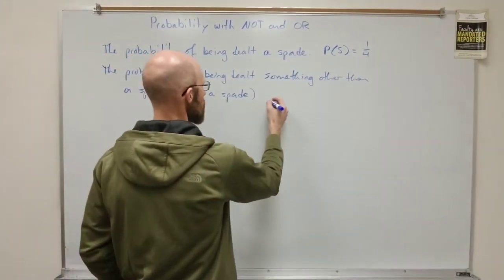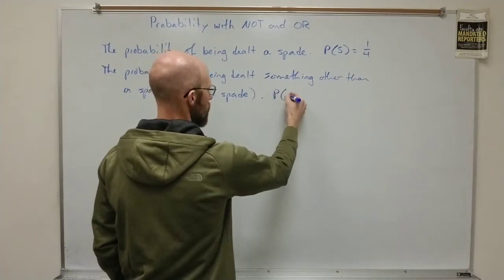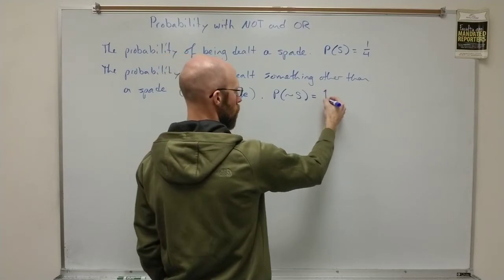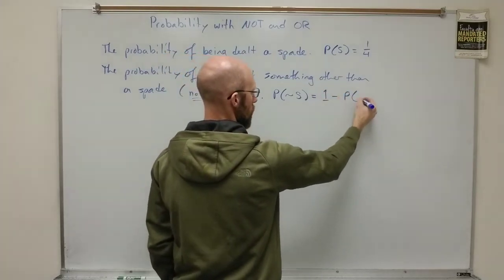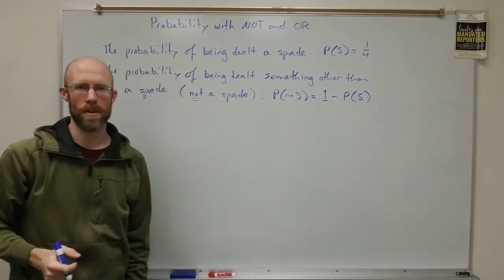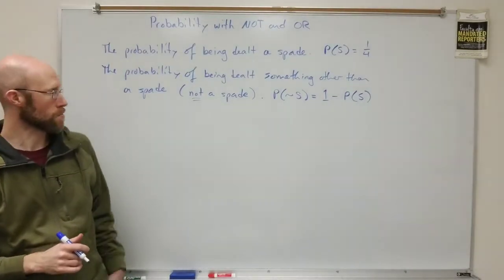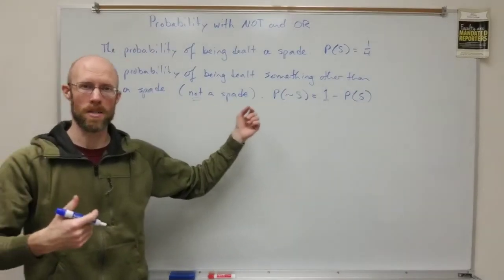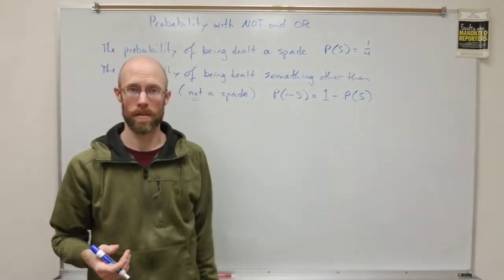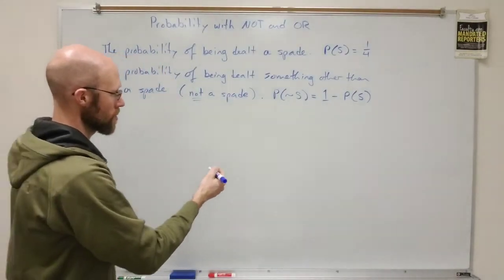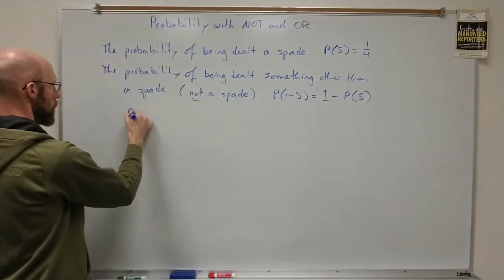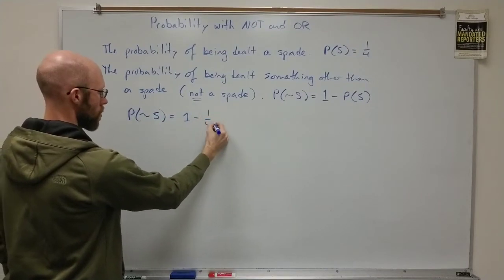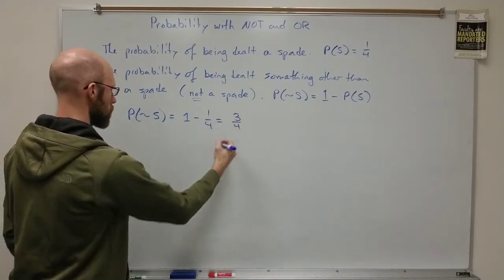So the probability of not S is going to be 1 minus the probability of S. And that's always going to be the case. The probability of something not happening is always 1 minus the probability of something actually happening. And so in this case, probability of not S would be 1 minus 1/4, which is equivalent to 3/4.